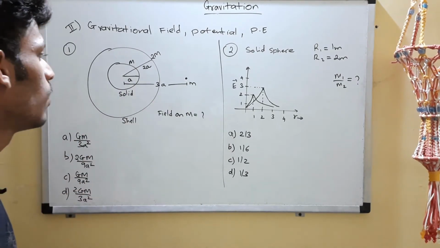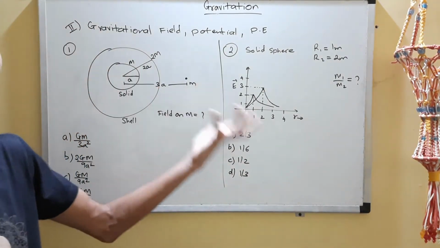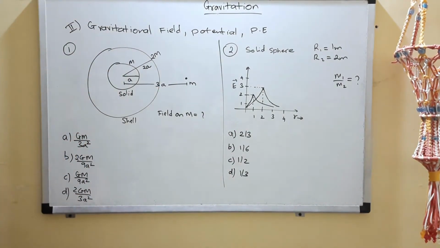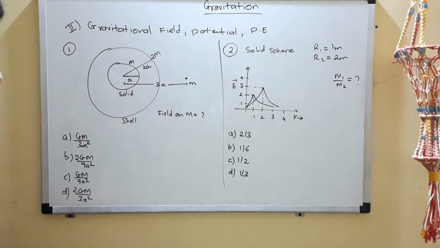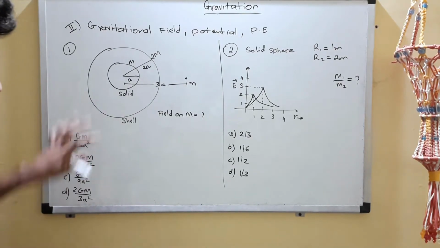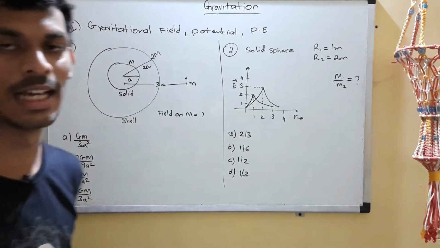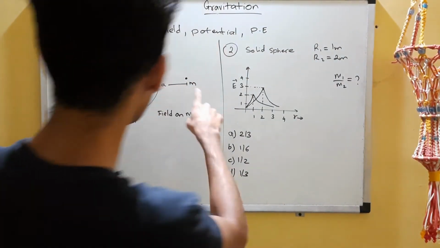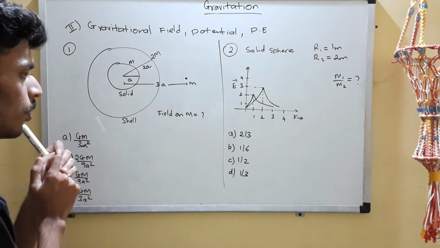You are supposed to tell what is the gravitational field at m, or on m. Now it's very simple. The gravitational field on m will basically be due to this solid sphere and due to this spherical shell. And it is a point which is outside both the spheres.